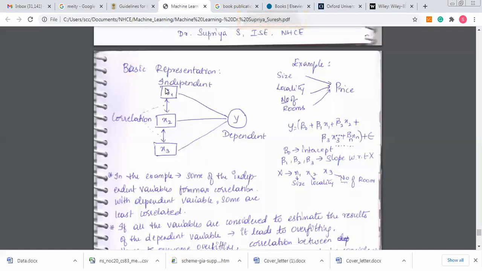There are certain examples in which some of the independent variables have correlations. What is this correlation? Correlation is something where the implication remains the same. For example, locality and size. I can tell they are correlated for the given problem statement, in the sense that the size impacts the price, and the locality also impacts the price.